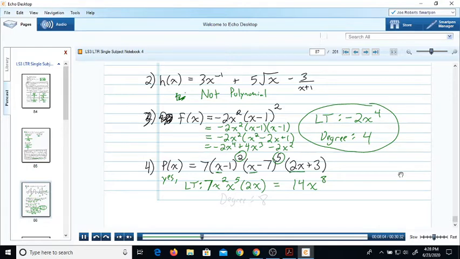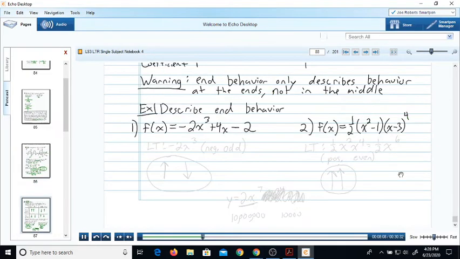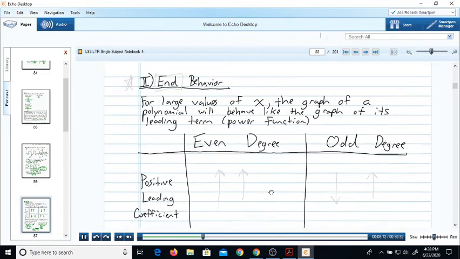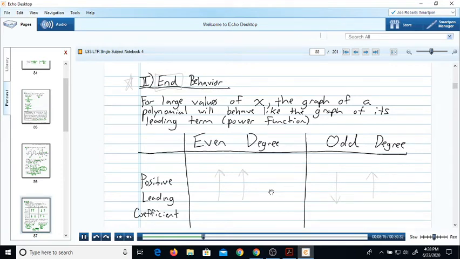So that tells us the degree is 8. So here we have an 8th degree polynomial. So you don't have to multiply out the entire expression to figure out the degree, or to figure out the leading term. Now that leading term is going to be crucial in describing the end behavior, or I should say in determining the end behavior.